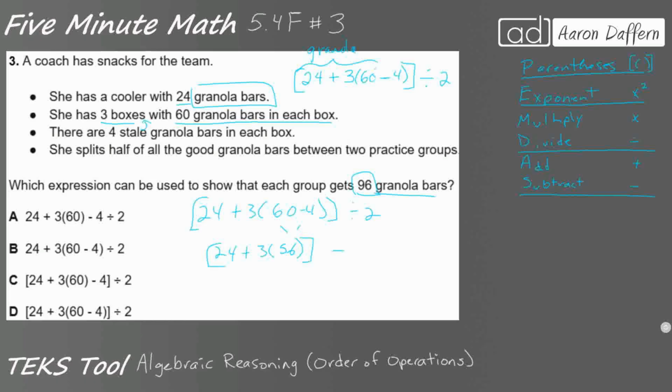So that divided by 2 comes at the very end. So it's 3 times 56. That's going to be 168. 24 plus 168 divided by 2. So that's going to be 192 divided by 2, because 24 plus 168 is 192. And then there we go. That is going to get me my 96.